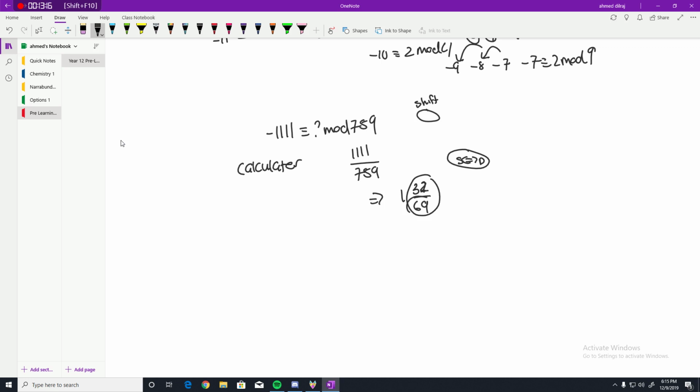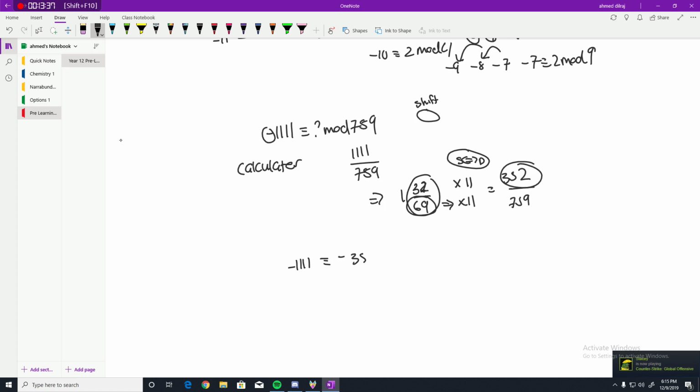If you make 69 into 759, so you multiply top and bottom by 11, you get 352 over 759. So you can see your remainder is 352, but it's actually minus 352. So minus 1111 is congruent to minus 352 mod 759.